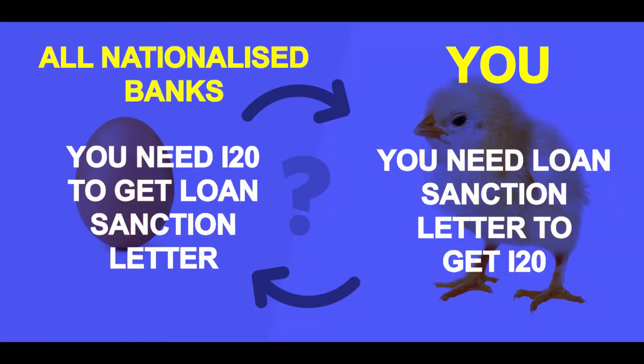So it's a chicken and egg problem. You should not waste your time on those banks, because they would not issue a loan sanction letter unless they see the I-20. Irrespective of the fact that later on you may want to take loans from SBI or Bank of Baroda, that's secondary, but for getting the I-20, they may not be of help.